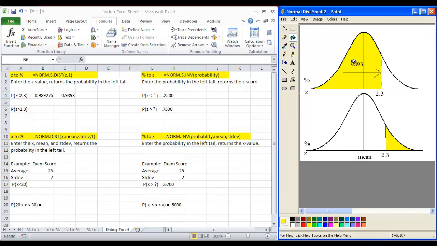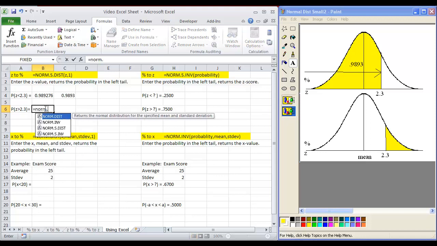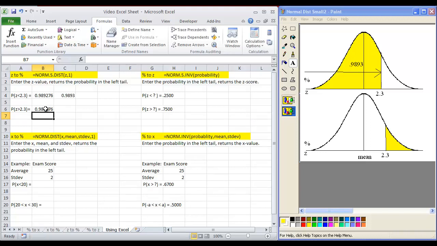Well, by logic of the version up here, it's just going to be 1 minus that, correct? So let's put that in. Equals Norm.S.Dist, 2.3 comma 1. I come up with 0.9893. I come up with the same thing.